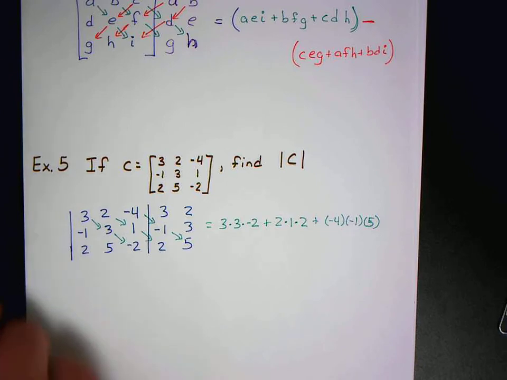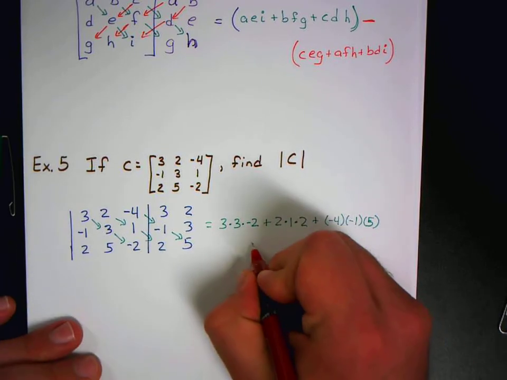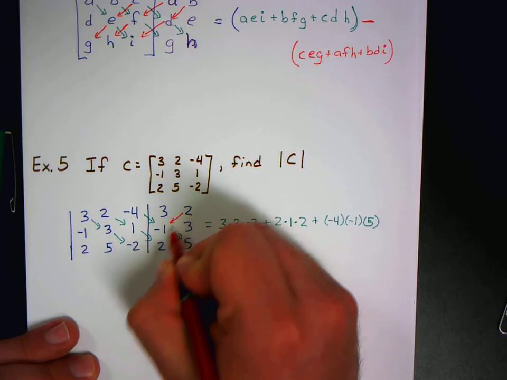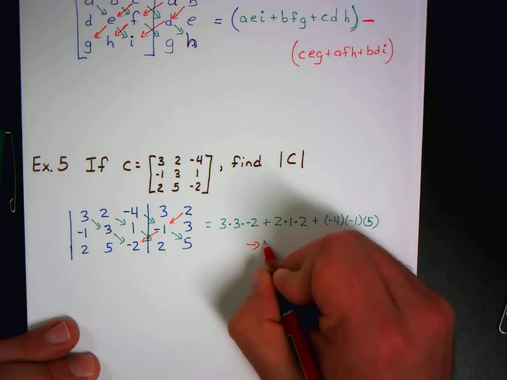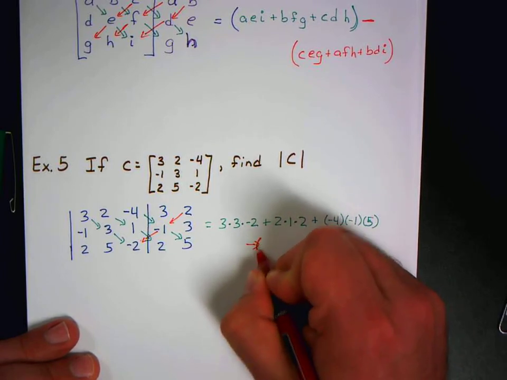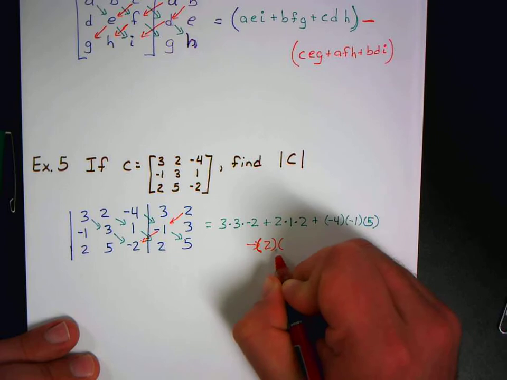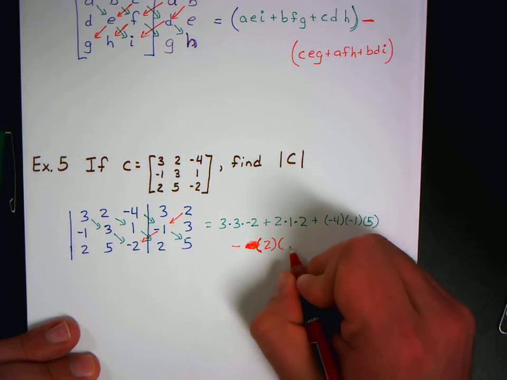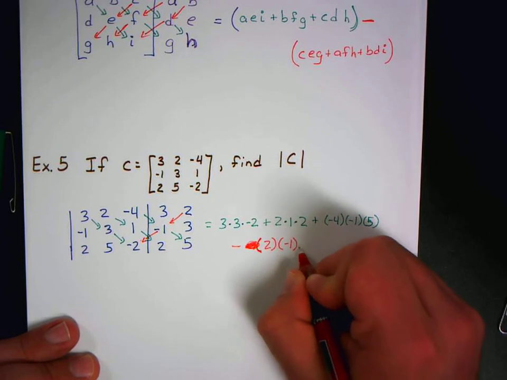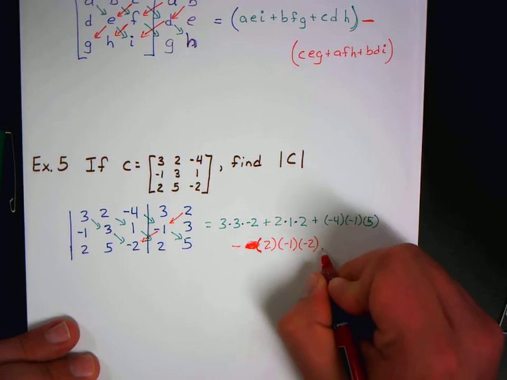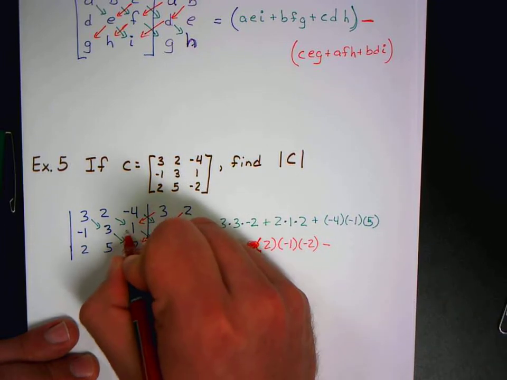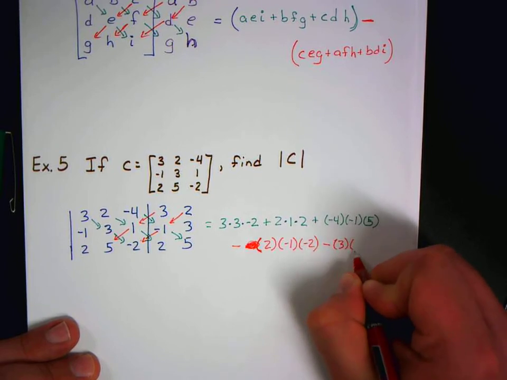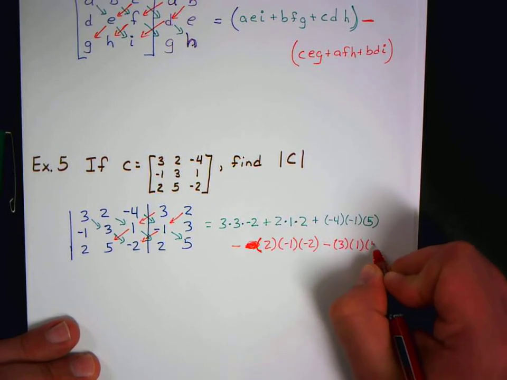Then in the other direction, you subtract those off. So you start back here at this back number, and you go in the other direction. So I'm going to subtract 2 times negative 1 times negative 2, minus... So you're subtracting that whole quantity from it?